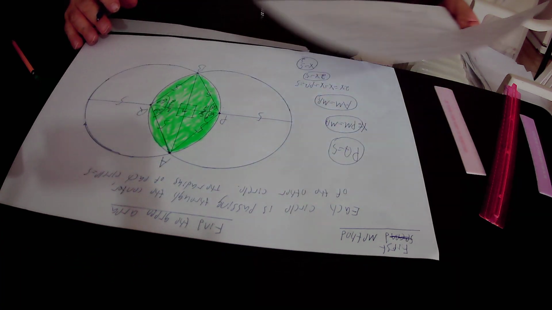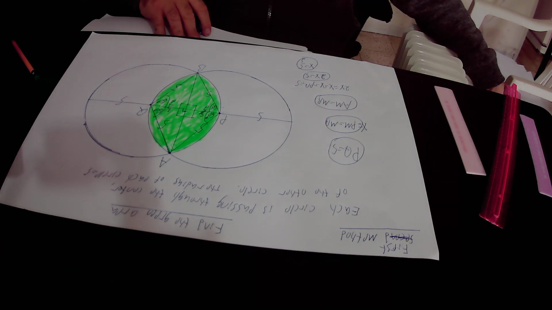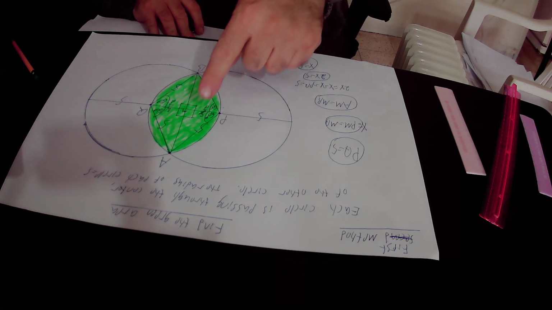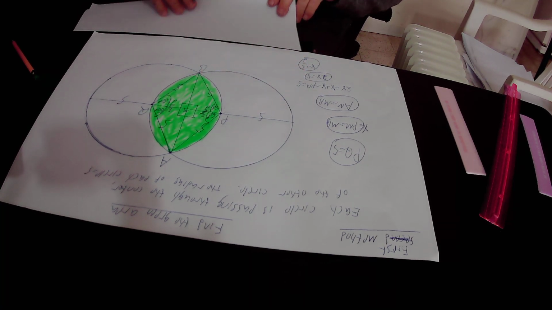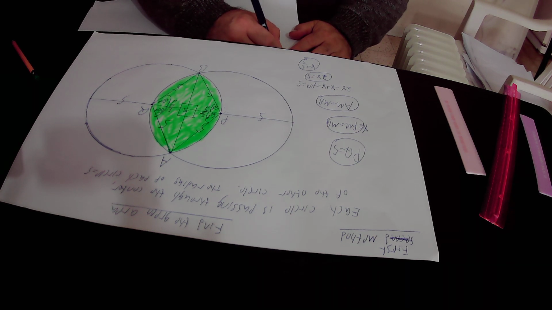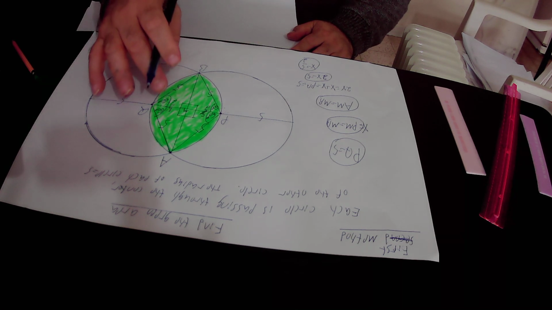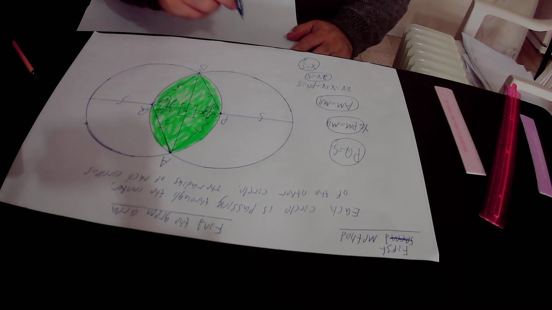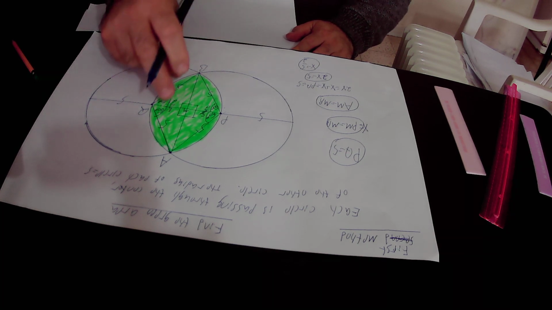And what is the area of segment APB? This segment will be equal to the area of sector AQB minus the area of triangle AQB.